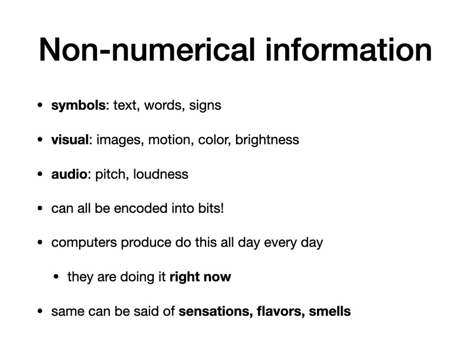But the idea is that the amount of light on whatever system you're using right now, for each pixel, is just a numerical value. An image can be made up of numbers, which can be made up of bits. The same is true of audio pitch. Like I said, color, brightness, all of this can be bits. Computers do this all the time. As I said before, they're doing it right now.